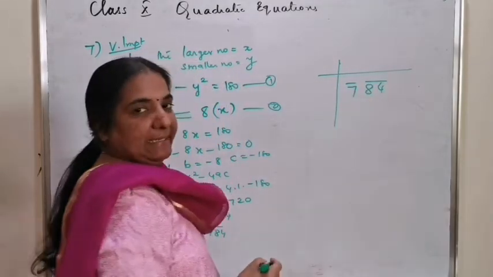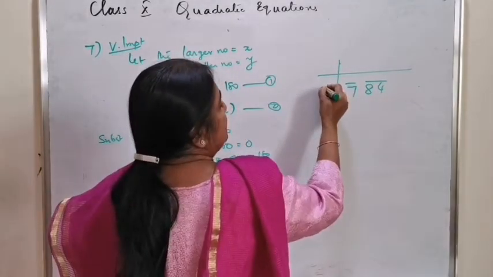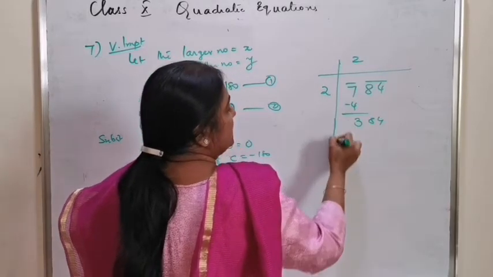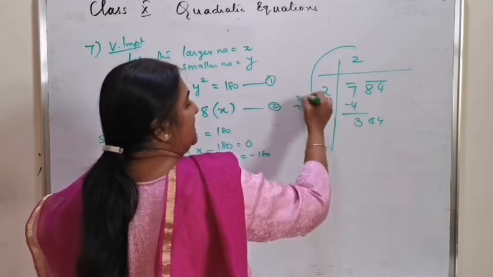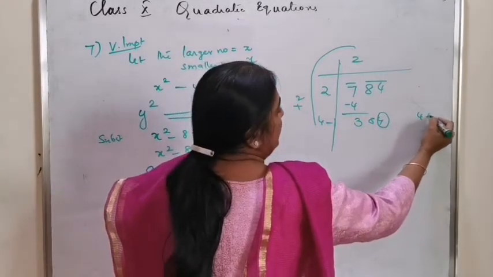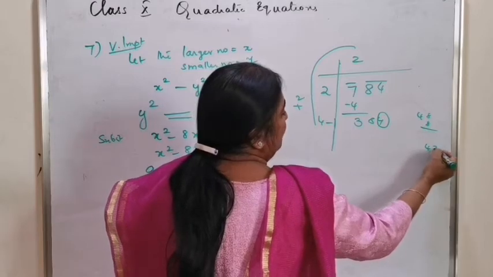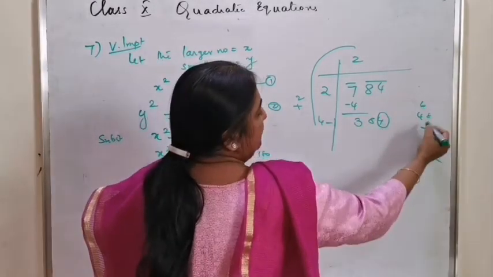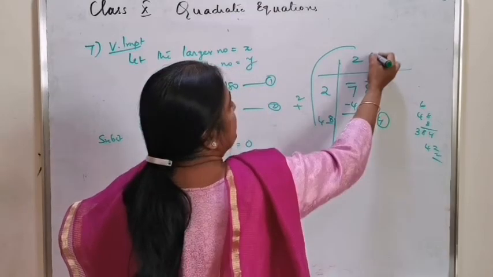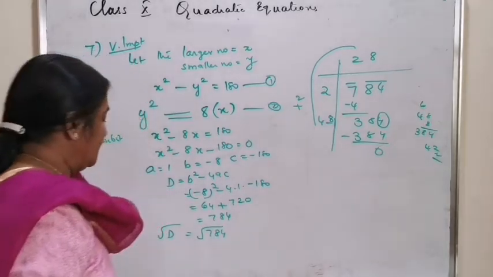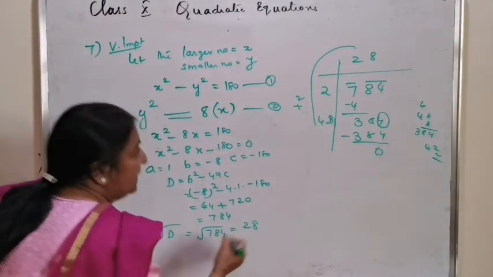Two numbers at a time. 2 2s are 4, 3, 84, double of 2 is 4. The chance of getting a 4 is either 48 into 8 or 42 into 2. Let's go with the bigger number, 64 and 384, that is, the square root is 28. Square root of 784 is equal to 28.